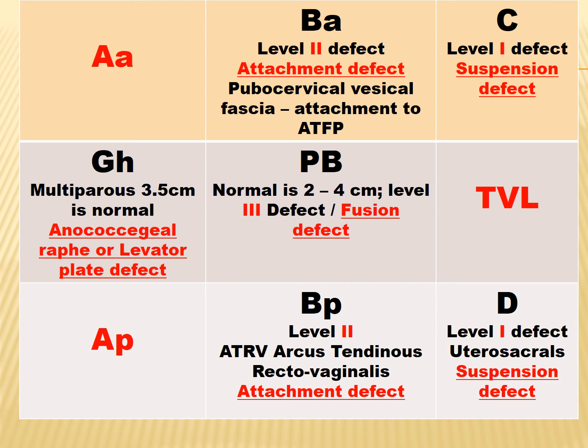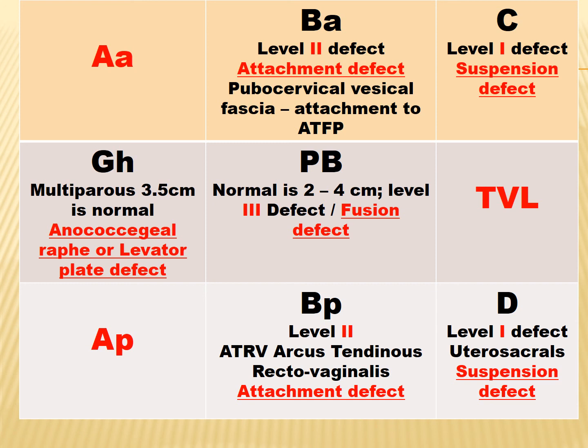Then genital hiatus. What inference do we draw from a genital hiatus value? If there is a greater value of the genital hiatus in a multiparous woman, up to 3.5 centimeters is a normal value. If it is more than that, like 4 or 5, then we can say there is damage at the levator plate or anococcygeal raphe.